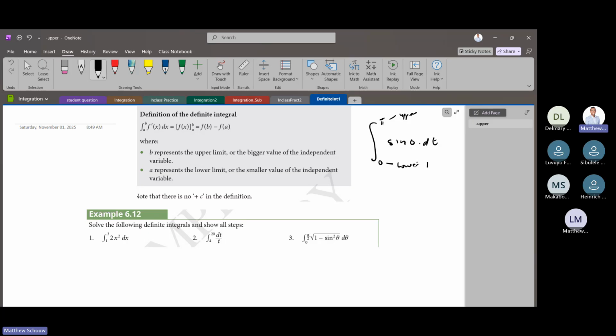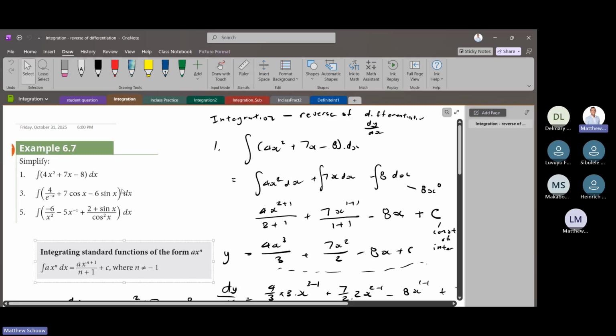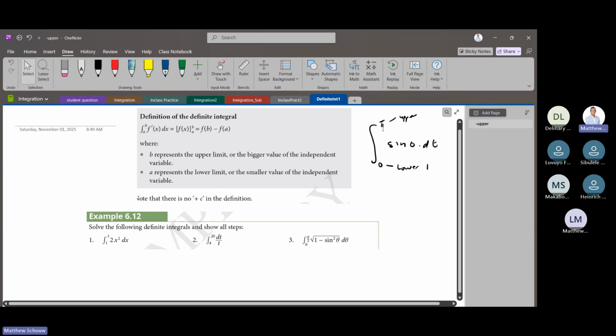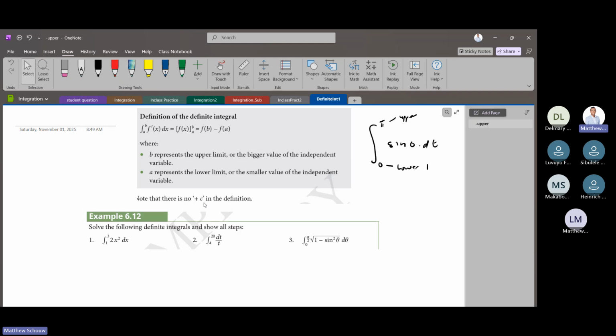So the difference between an indefinite integral, case in point yesterday, where we don't have those two things, and a definite integral, what we have now, is that it has a defined answer and there is no plus c or arbitrary constant of integration. So it's not a general solution, it's a specific solution.